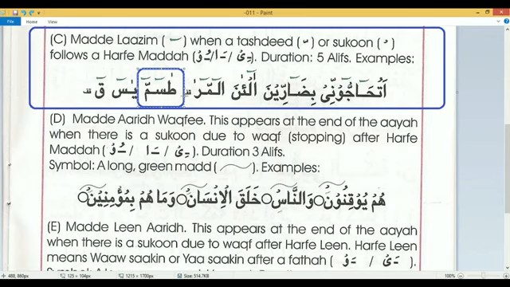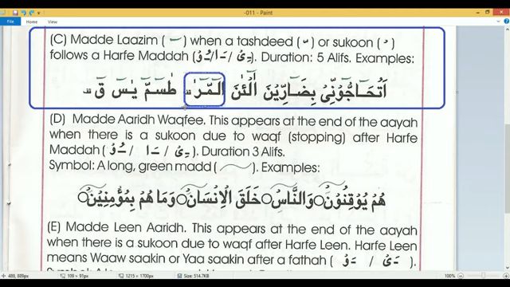So again that is the definition of madda lazim, that a madda letter is followed by sukun, like mim. So that's why we have the madda lazim on top of sin and mim. Ta, sin, mim.